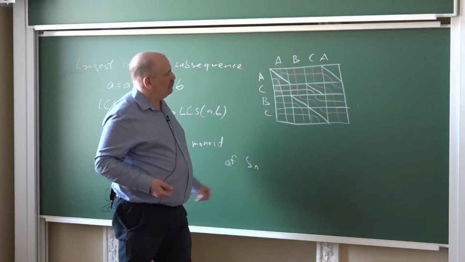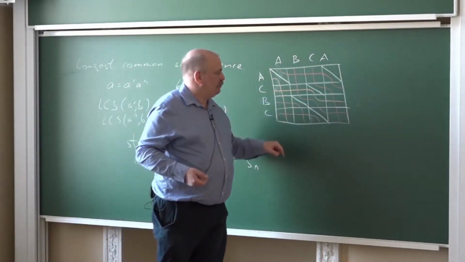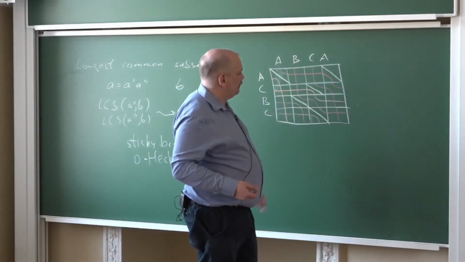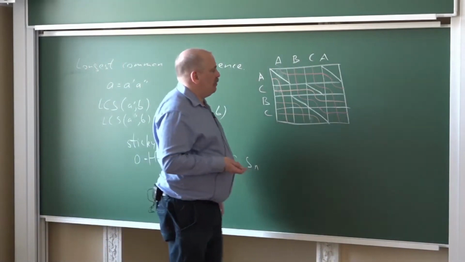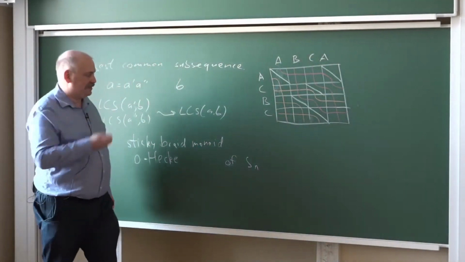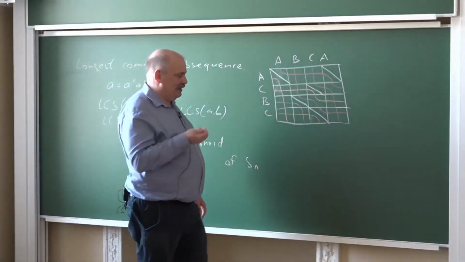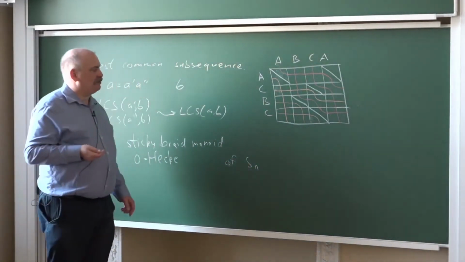But then you reduce this braid by removing double crossings, because the main property is idempotency and no two strands can cross more than once in a reduced braid. Okay, so this is in some way the right way to think about the longest common subsequence problem.